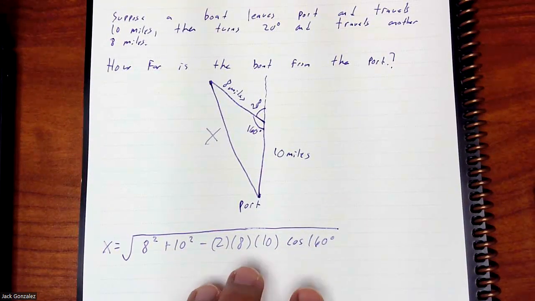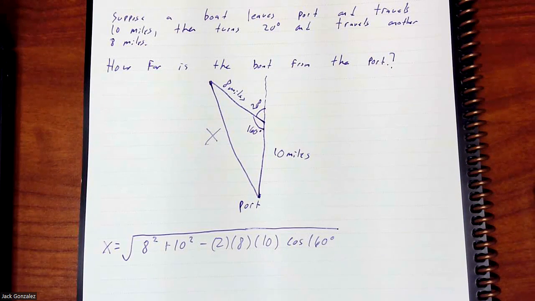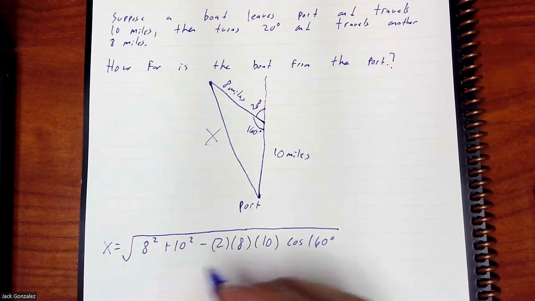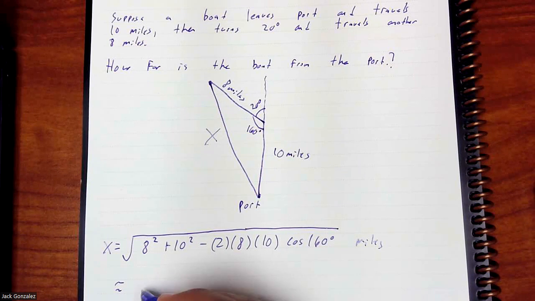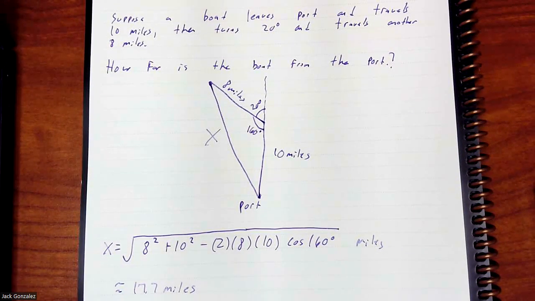But you couldn't use it until you found that inner angle. Everyone see how we found the 160? You plug that in, and remember this is in miles, it should be 17.7 miles.